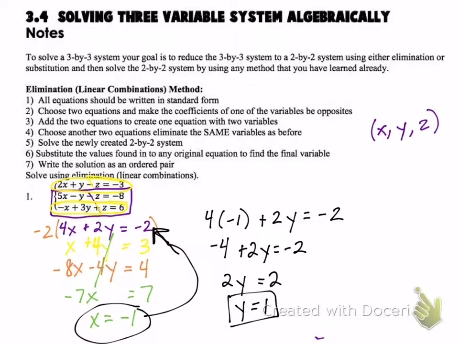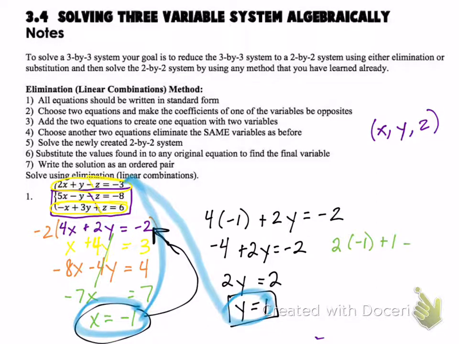Let you guys catch up for a second. So once you have your x and your y, you're going to substitute both of those. So I'm going to take this x equals negative 1 and this y equals 1, and I'm going to plug them both into one of the first equations to solve for z. I usually just choose the top one, but you can choose whichever one you want. So 2 times negative 1 plus 1 minus z equals negative 3.